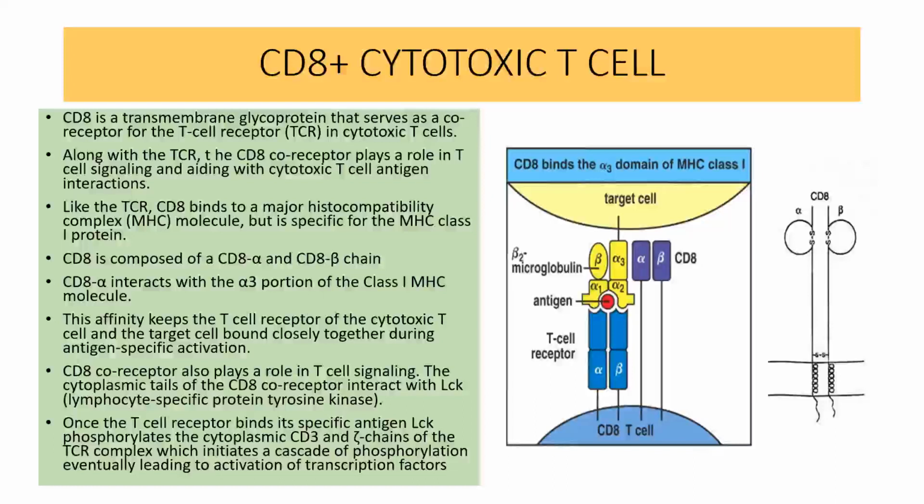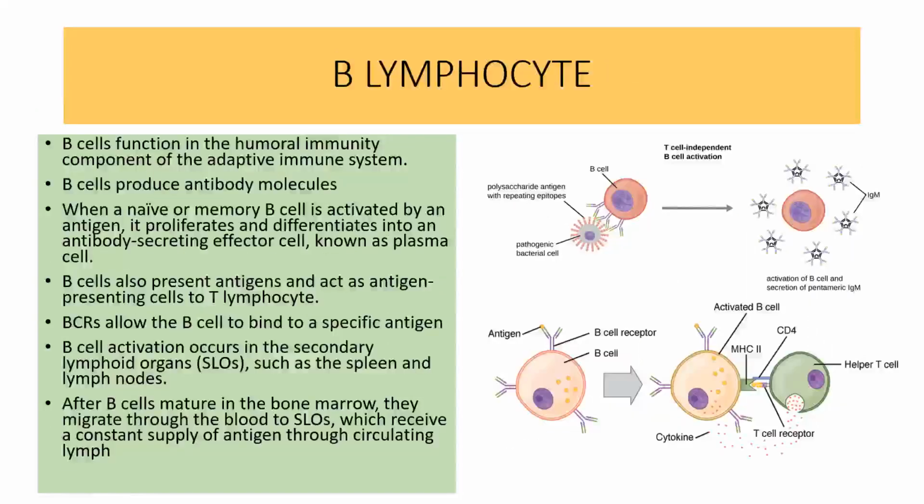And ultimately, the cytotoxic T cells produce huge amounts of perforins, which create holes in the antigen presenting cell, thereby killing it. The third type of cell is the B lymphocyte.